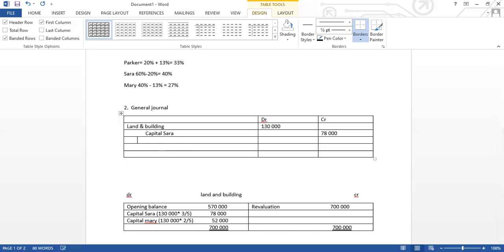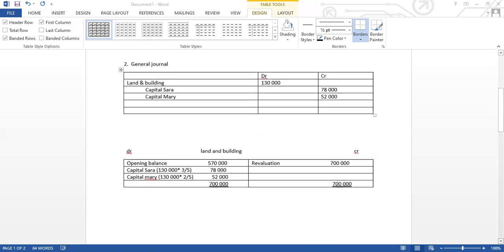And then you have capital Mary, 52,000. Then you are done. Do we understand? Yes. Okay. So we move on to the next ledger.